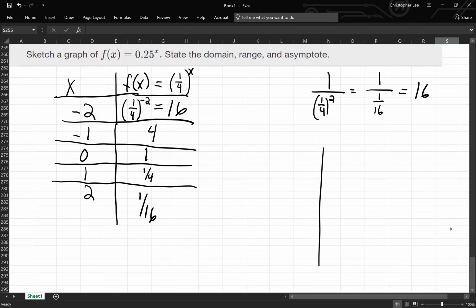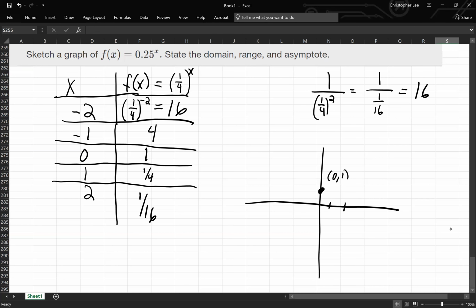Some points that I have, right? I have 0, 1. Boom, this is 0, 1. I have 1 is 1/4, whatever that is. 2 is 1/16.